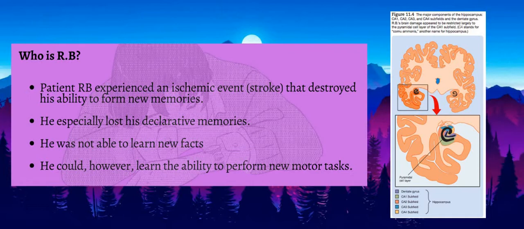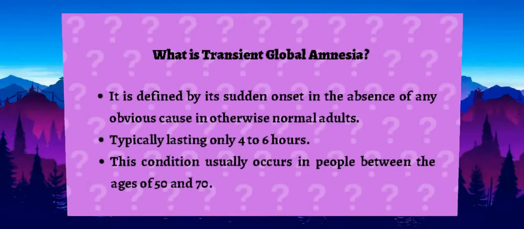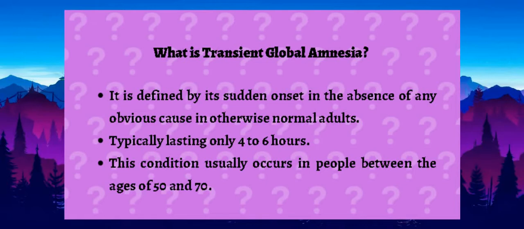In the next slide, we have the question: what is transient global amnesia? It is defined by its sudden onset in the absence of any obvious cause in otherwise normal adults. It typically lasts only 4 to 6 hours, and this condition usually occurs in people between the ages of 50 and 70.